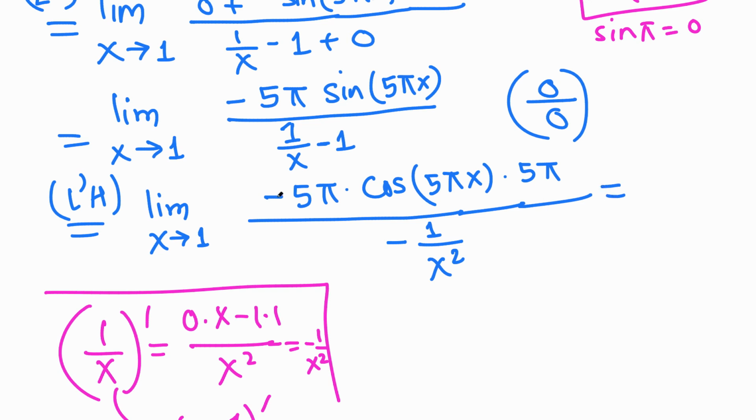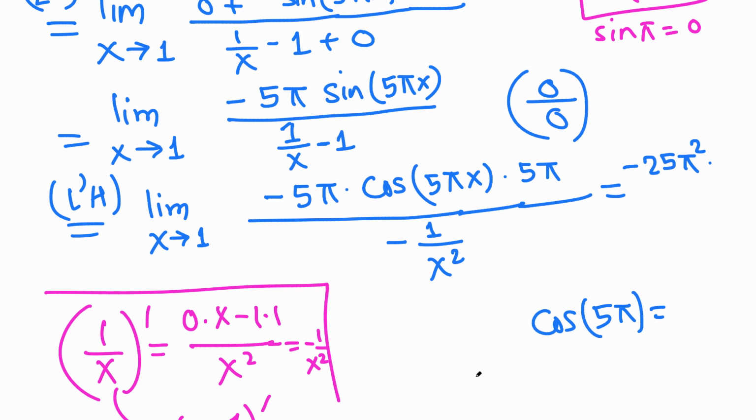On the top, negative pi times pi, we can multiply: that's negative pi squared, times cosine of 5 pi. So what is cosine 5 pi?